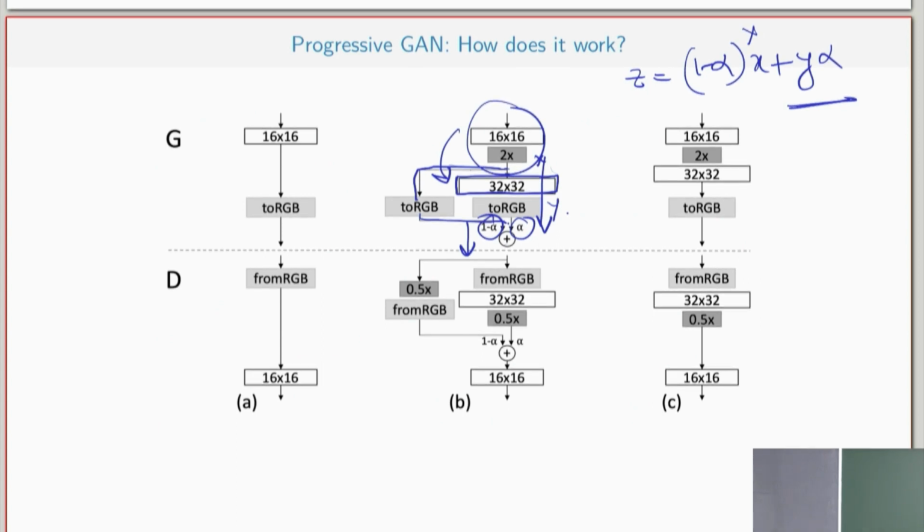It says: not just that I added the additional block, but the effect of the additional block initially would be very small, and gradually I will increase alpha from 0 to 1. So 0 would mean I'm in the old regime like this, and 1 would mean I'm taking the effect of the upsampled output going through 32 by 32. This is also part of progressive training, and they said that this helps their case.